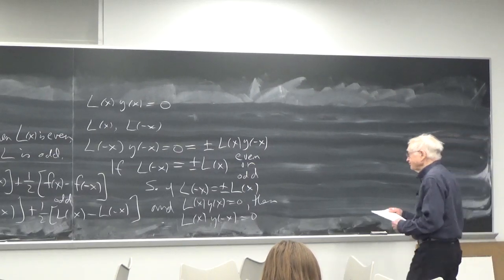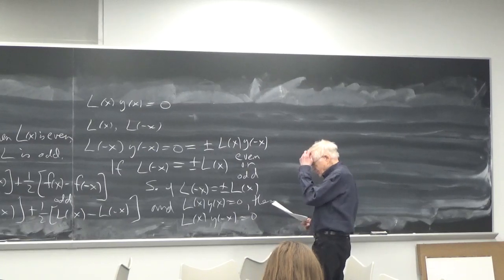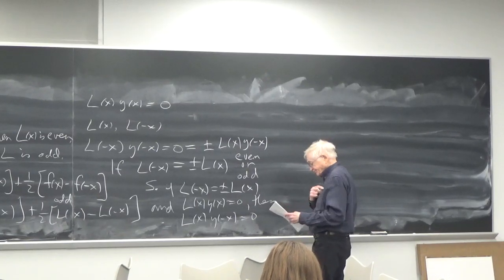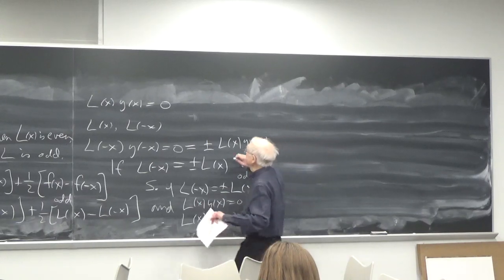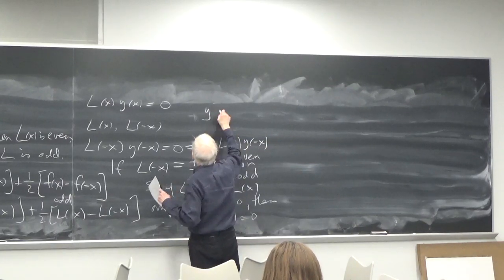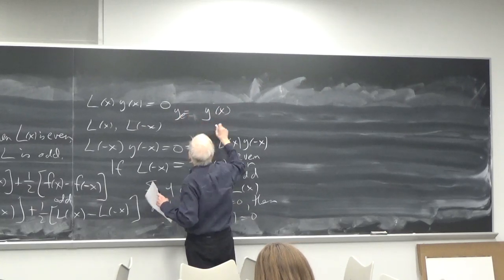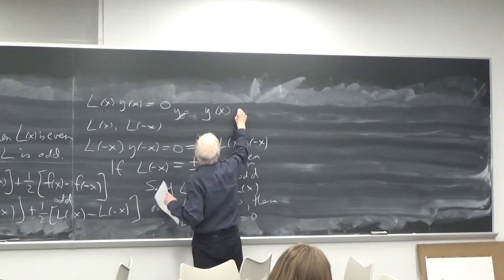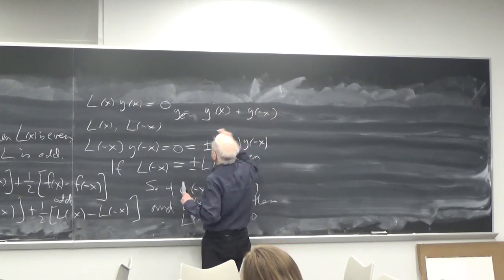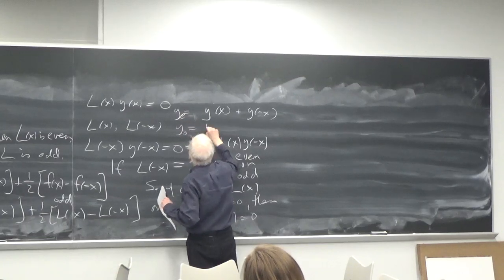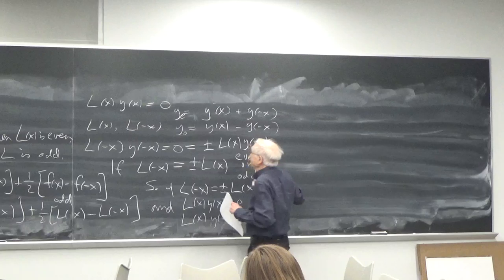And what you can do is arrange them to have even or odd parity, because you can say y even is going to be proportional to y of x plus y of minus x, and y odd is going to be proportional to y of x minus y of minus x.